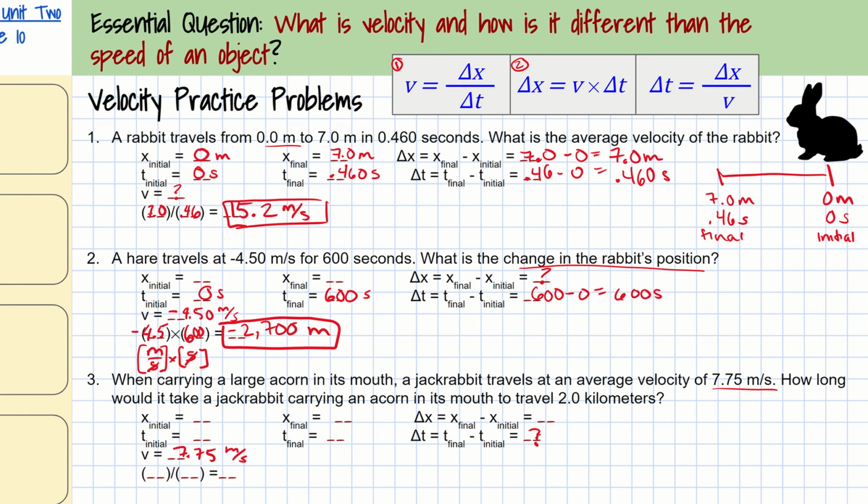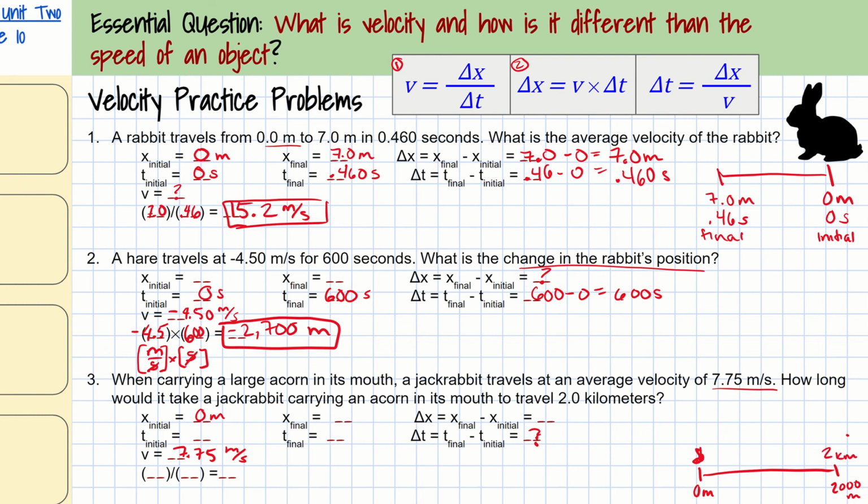Okay, and we know that if the jackrabbit started at 0 meters, so let's just set, here's our rabbit. If we set this equal to 0 meters, the rabbit ends up at 2.0 kilometers, or if we use our conversion chart, that's going to be 2,000 meters.